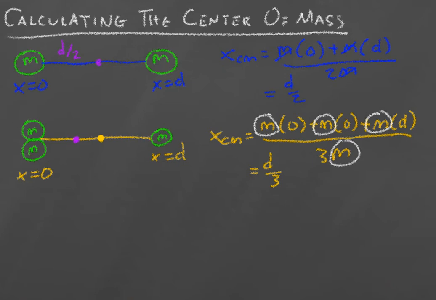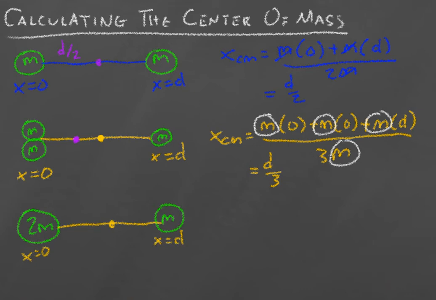And the way that we can see that is, what if we take these two masses and we just combine them into a single particle with a mass of 2m, and we look at the same system. So again, we have x is 0 and x is d.